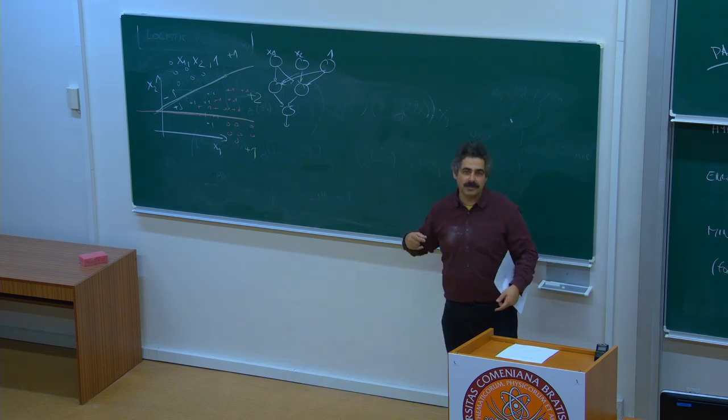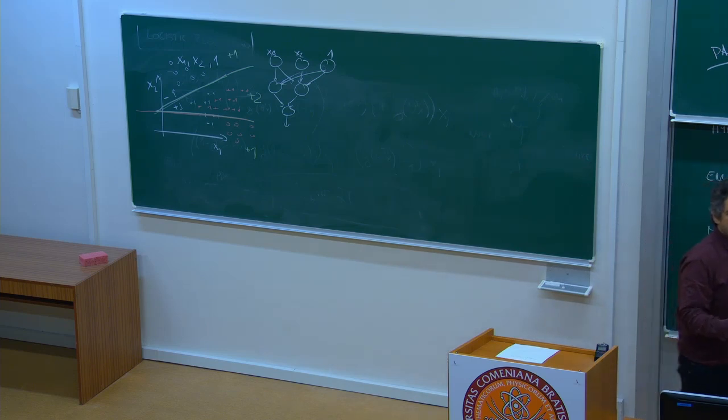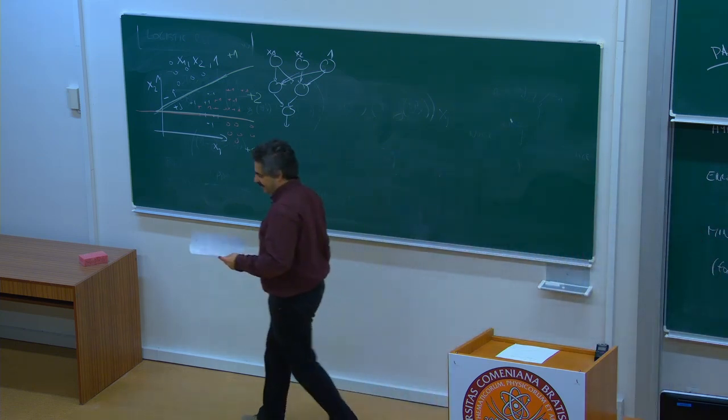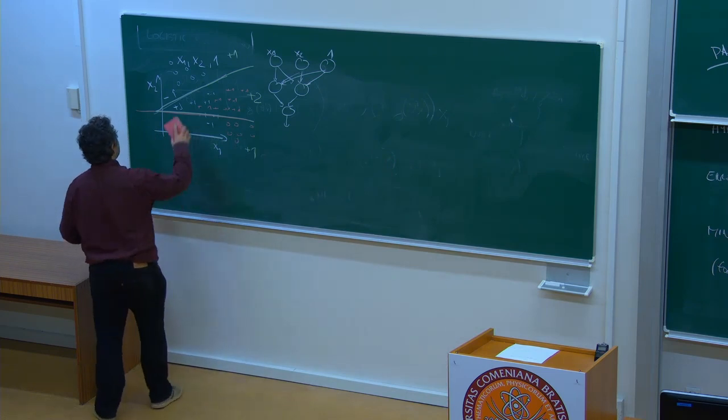This is why neural networks are in general a stronger model than just a simple logistic regression. Any questions about this? Okay, so now we are ready to have some fun. We need to go and take derivatives.